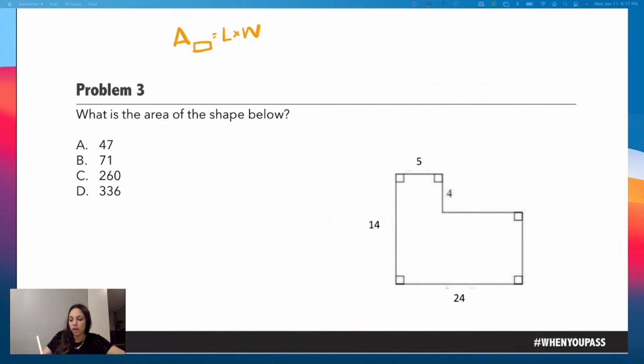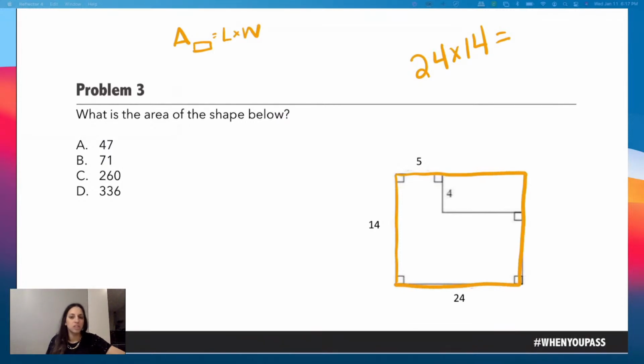So I'm not going to do 24 times 14, because 24 times 14 would be the area of this shape right here. That is not the shape we have. All of this is missing.